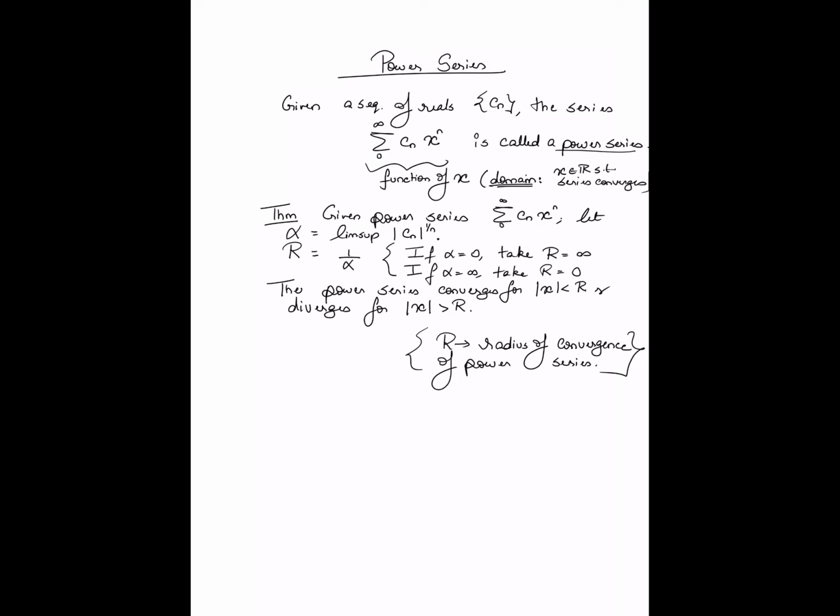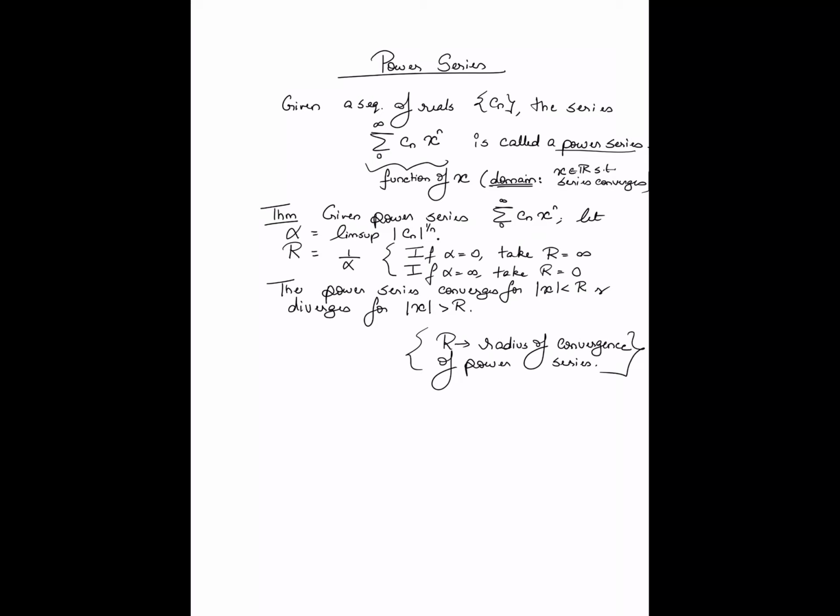Now, it's strictly not completely specifying the domain, so I stand corrected to some extent, because if you take x to be either plus R or minus R, which is at the boundary of the radius of convergence, this theorem doesn't tell me whether the series converges at those 2 points or not.